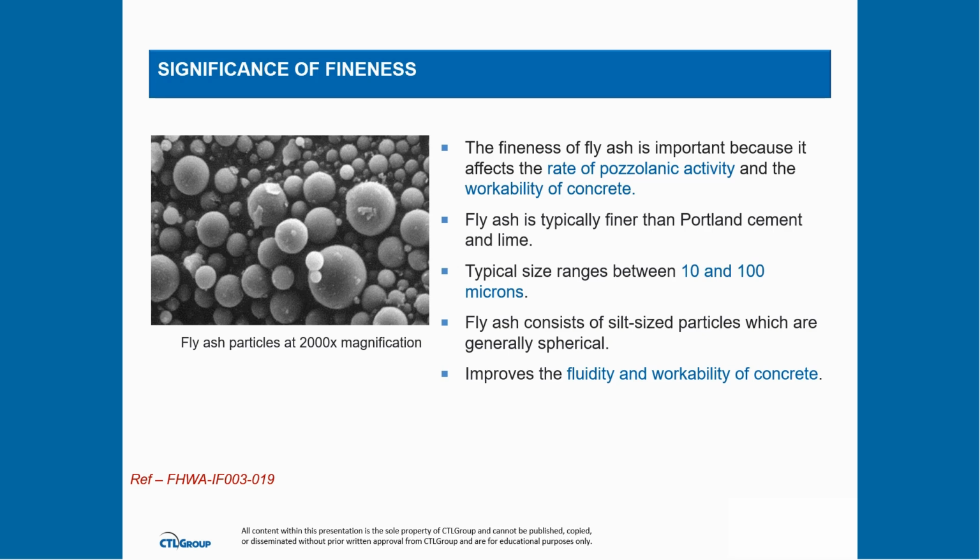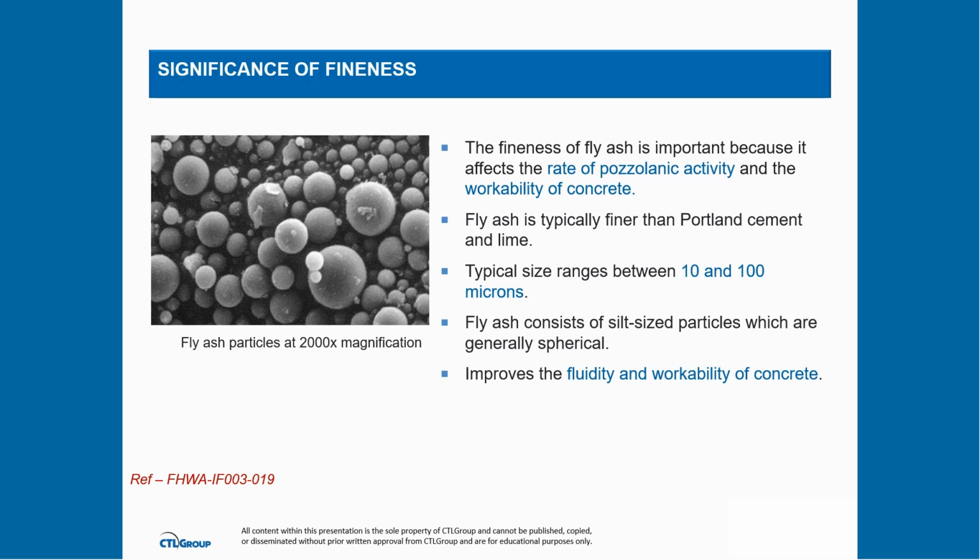The SEM image that you see is a 2000x magnified image, and you can see a lot of spherical particles of fly ash, and this is what helps with the workability of the concrete. Fly ash is typically finer than Portland cement and also lime, and its size ranges between 10 and 100 microns. It improves the fluidity, and it also improves the workability of the concrete.